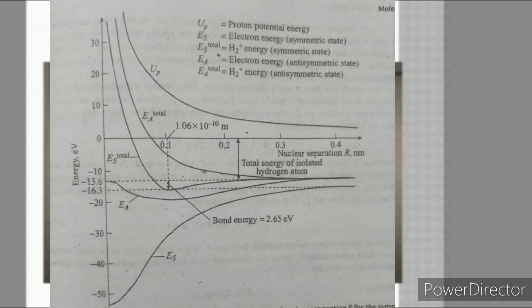When R is equal to 0, E_s, the electron's energy, is equal to minus 54.4 electron volts, and the shape of the curve is just like this as shown in the figure. U_p is a positive quantity, so we draw the curve of U_p, the potential energy of the protons, on the positive axis.